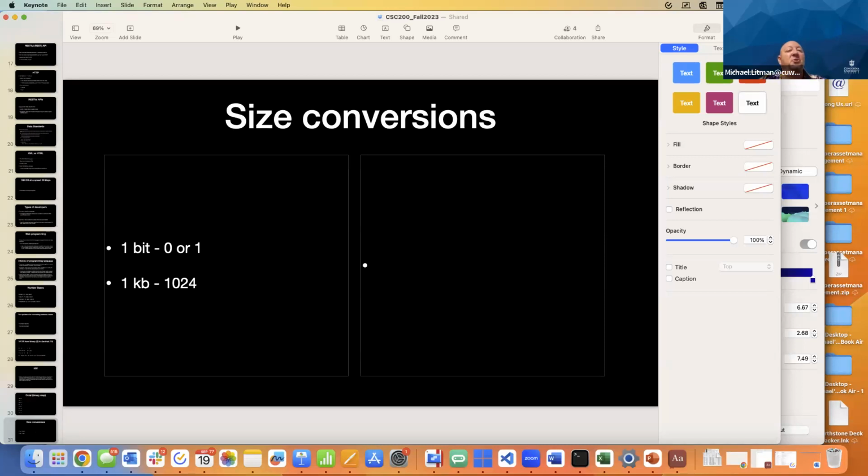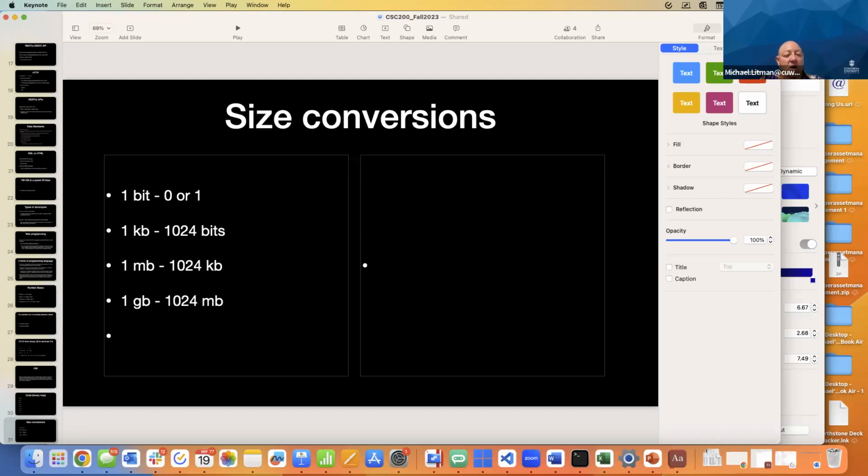It's 1,024, which by the way is a power of 2. 1,024 bits. 1 megabit is 1,024 kilobits. 1 gigabit is 1,024 megabits. 1 terabit, which nobody really uses, is 1,024 gigabits.